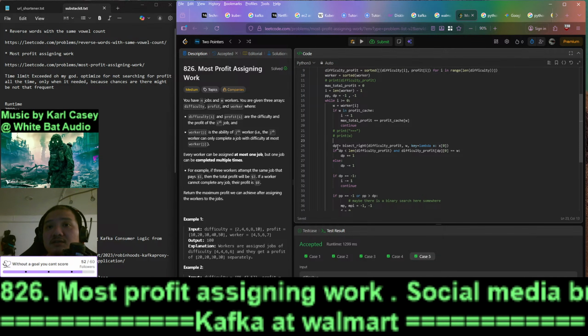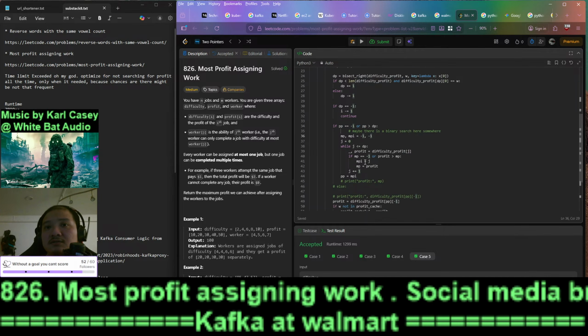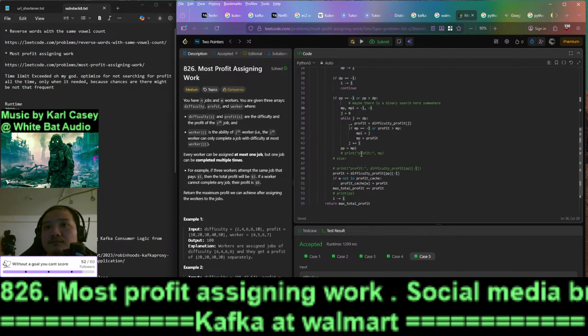But DP at least guarantees the log n search, right? And what we did here is we cache the PP, right? So hold on.